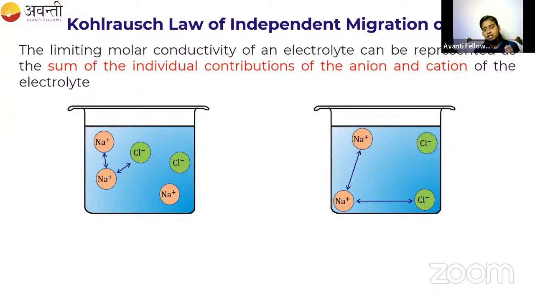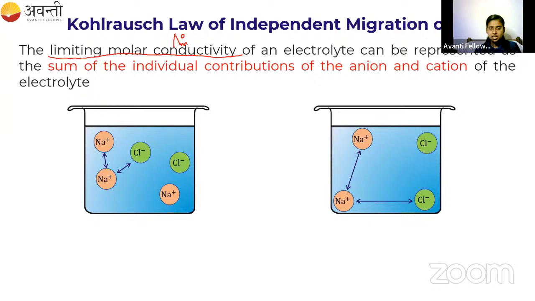And the contribution of the anion is Cl minus. We have to sum up the contribution of both ions. If we sum those two, we get the limiting molar conductivity, denoted by lambda m naught, which is equal to the sum of the individual constant contributions of the anion and cation.